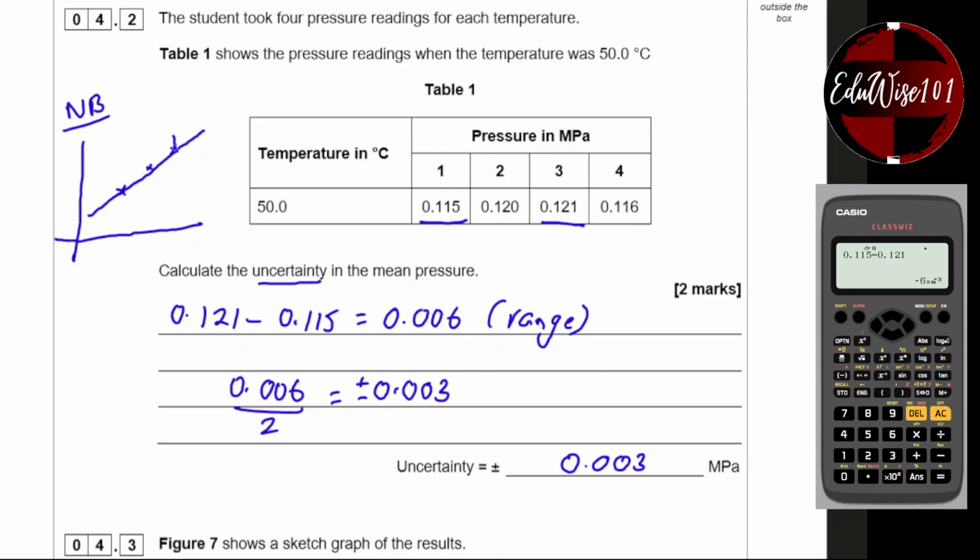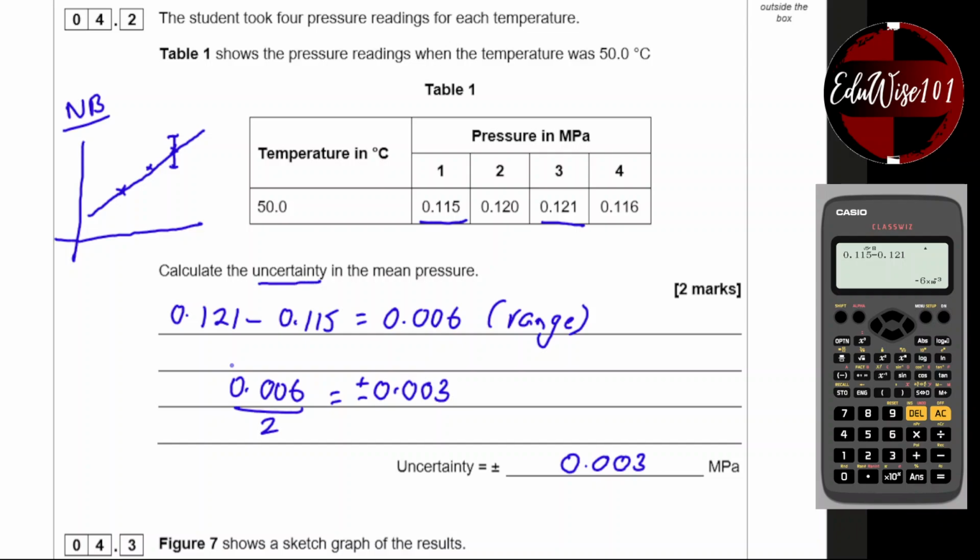So if you were to draw a small bar, from the midpoint it's 0.003 in the negative and 0.003 in the positive as well. So that's basically the range for each point. Uncertainties give the range for each point where it could actually fall.